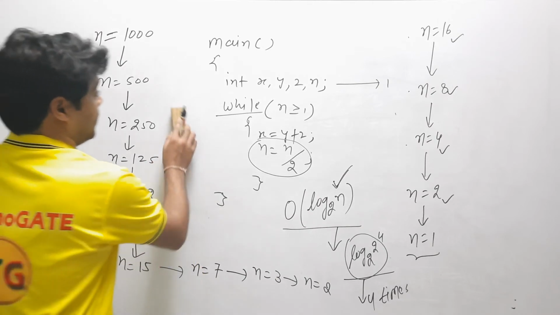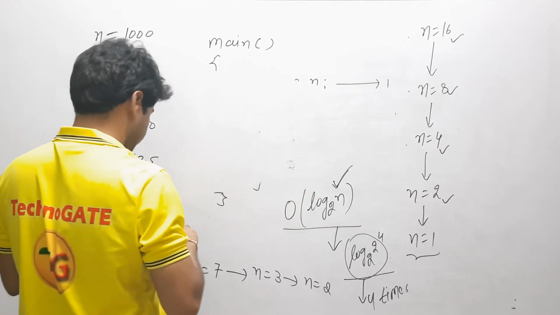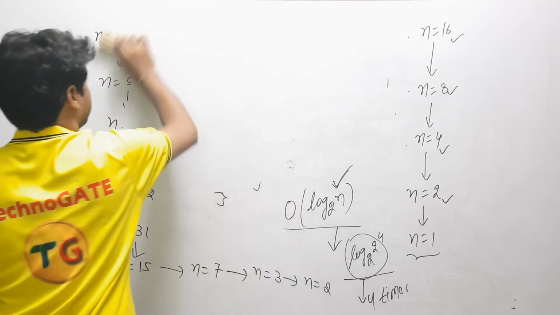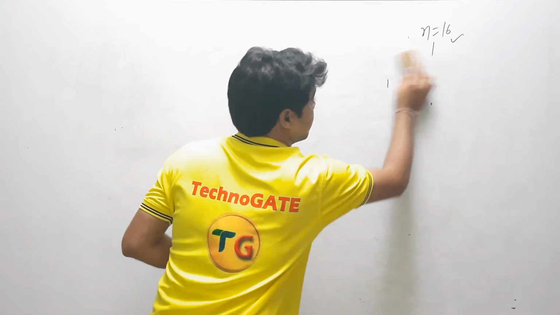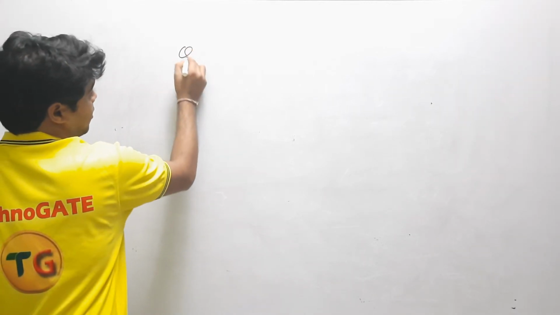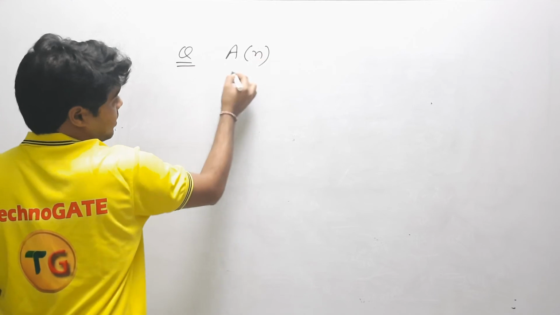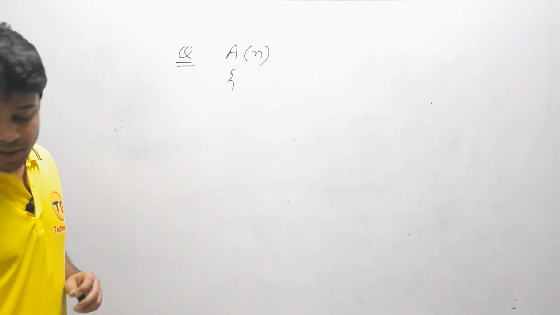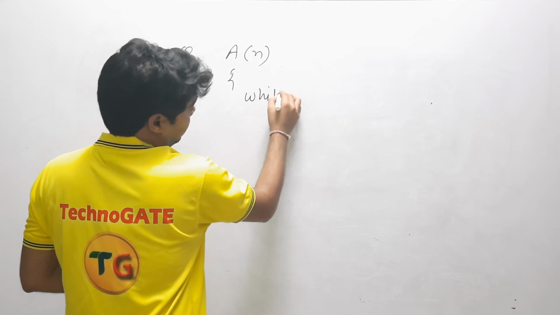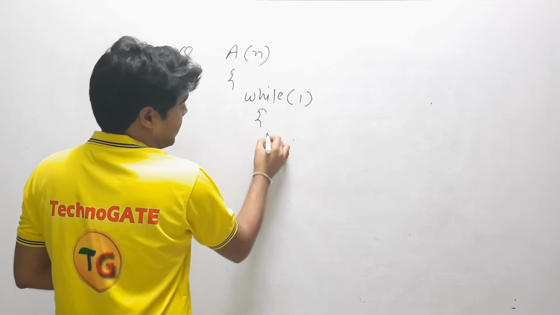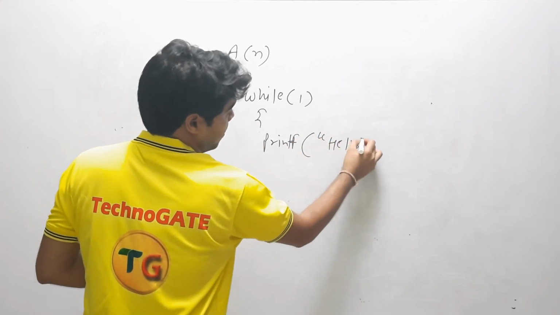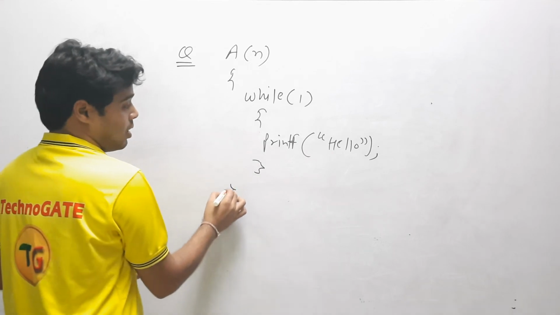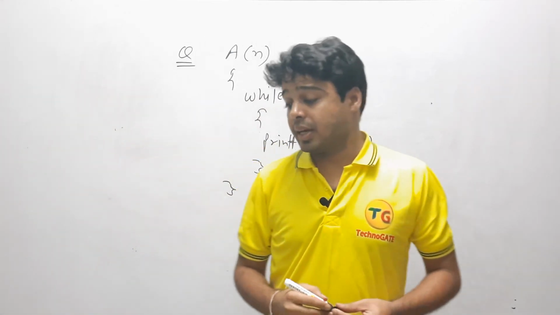Suppose that A is a function, any function, and this is while(1) and printf("hello"). Suppose this is a program. So what is the time complexity of this program here?